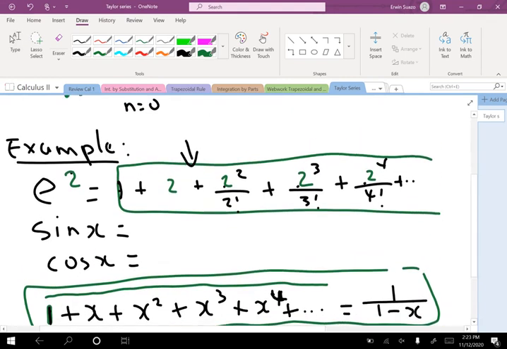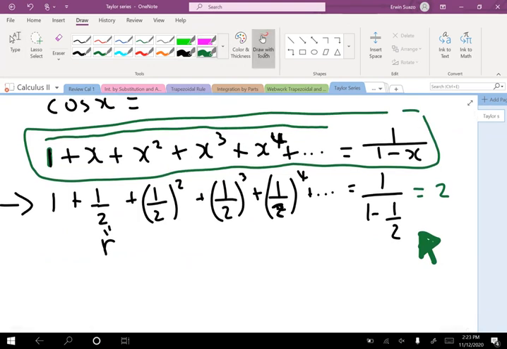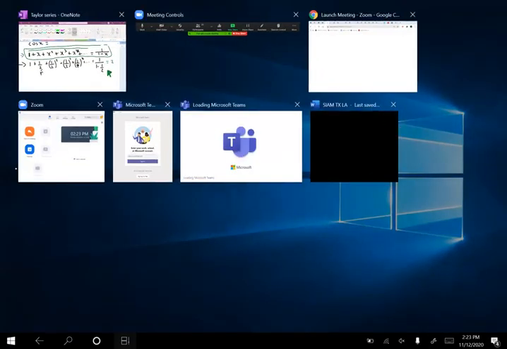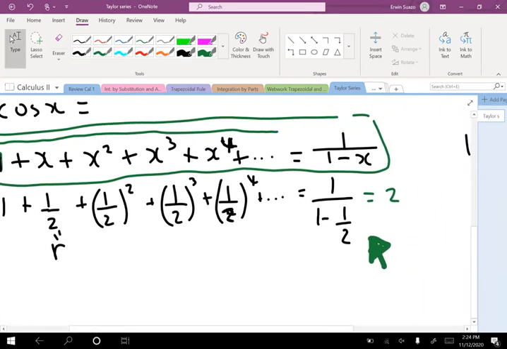And if this is a function, can we find the derivative? If this is a function, obviously I can find the derivative and the integral of the right-hand side. So what is the derivative and the integral of the left-hand side?